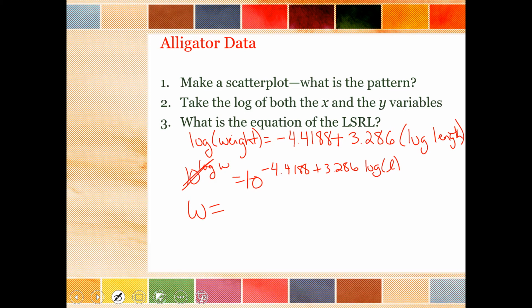Over here, I have two exponents being added together, just like we did on Friday. So I have 10 to the negative 4.4188 power, and then I need to multiply that by 10 to the 3.286 log of length.